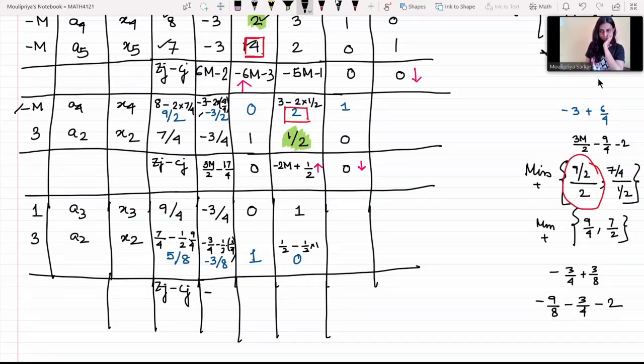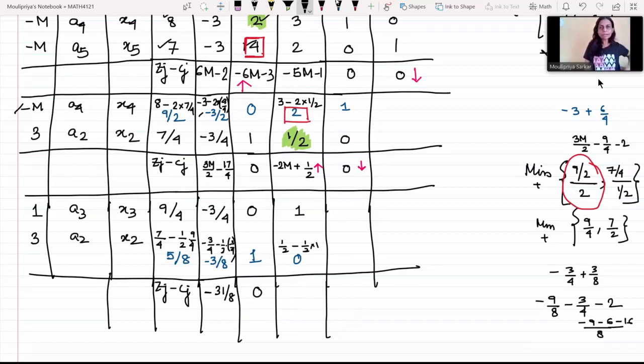It's minus 31 by 8. Then we have 3 minus 3, 0.